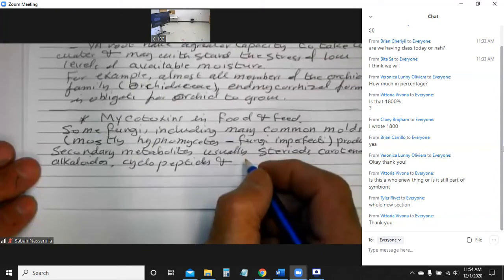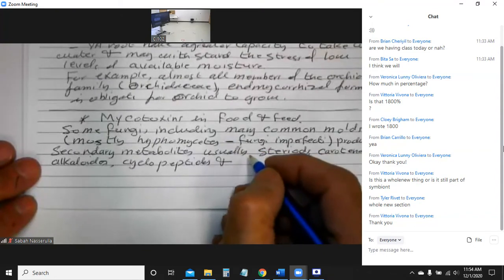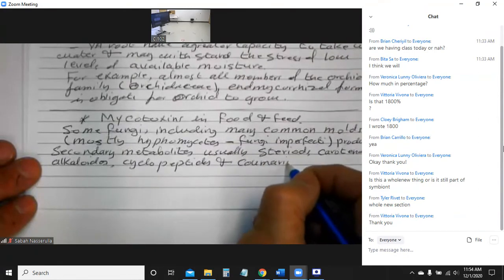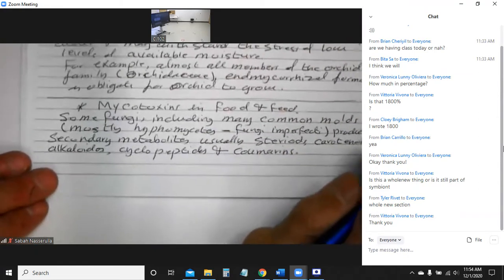Coumarin is also a group of phenolic compounds.